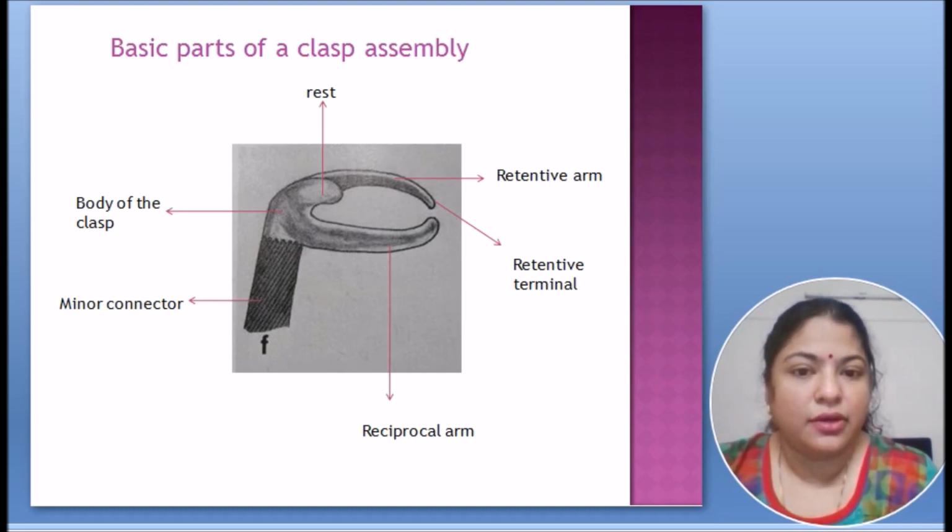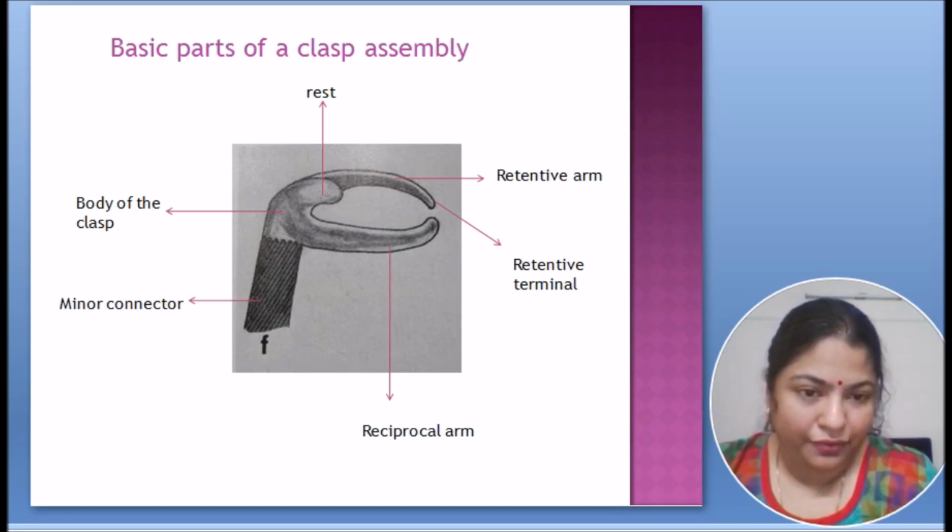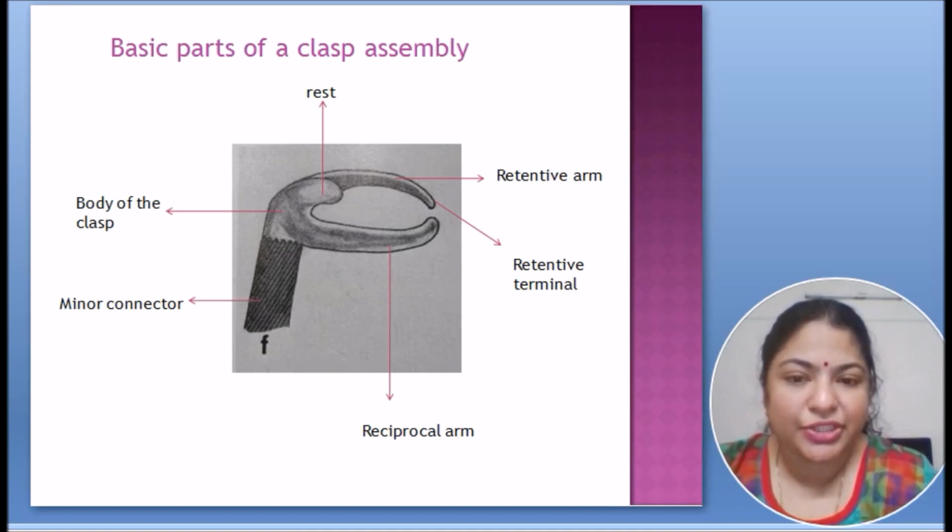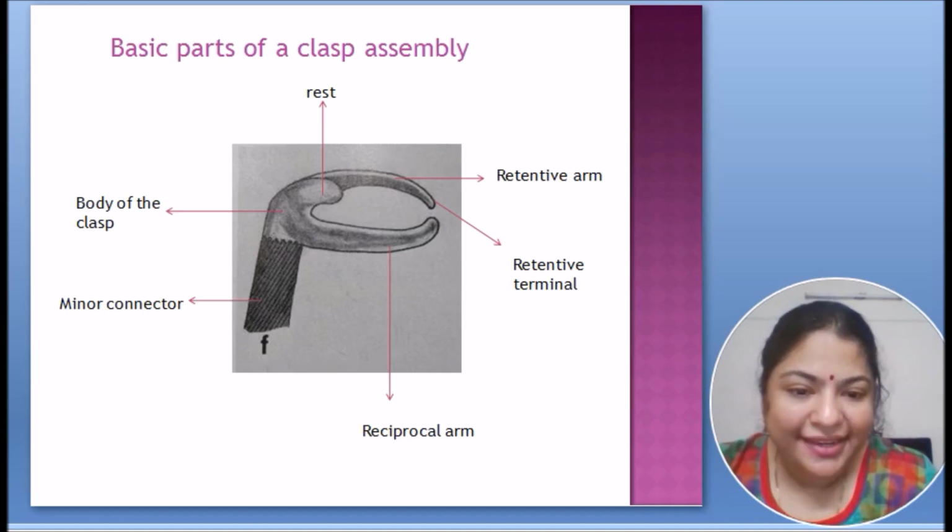There is the rest, there is a shoulder, there is a body of the clasp, there are 2 arms, on one side a retentive arm, on the other side a reciprocal or stabilizing arm, and this whole component is joined to the major connector via the minor connector.